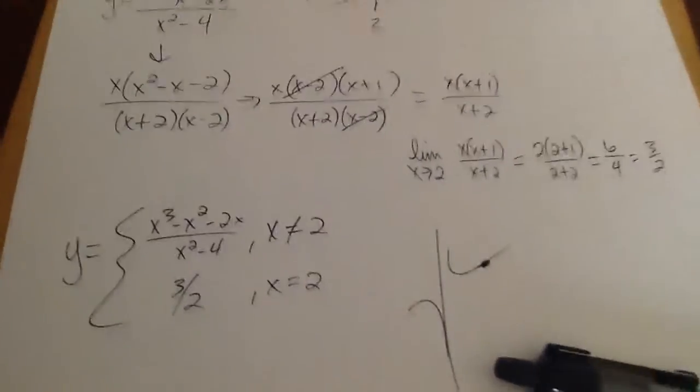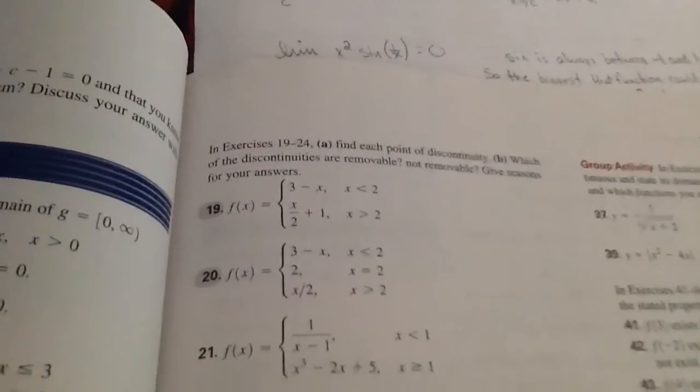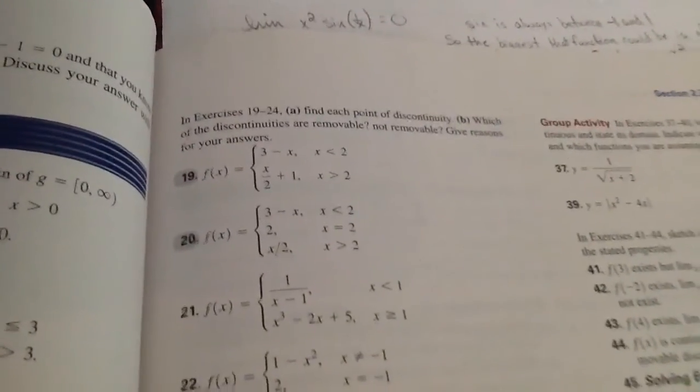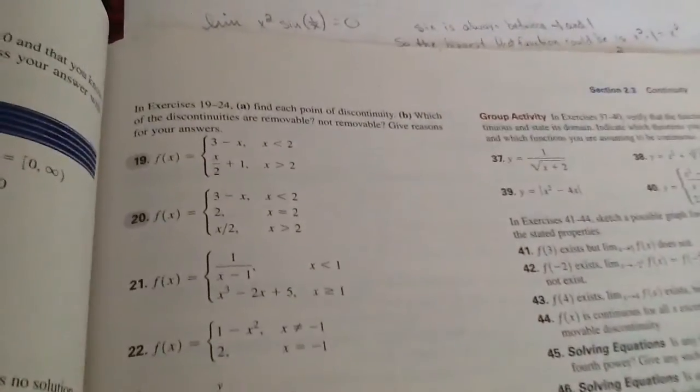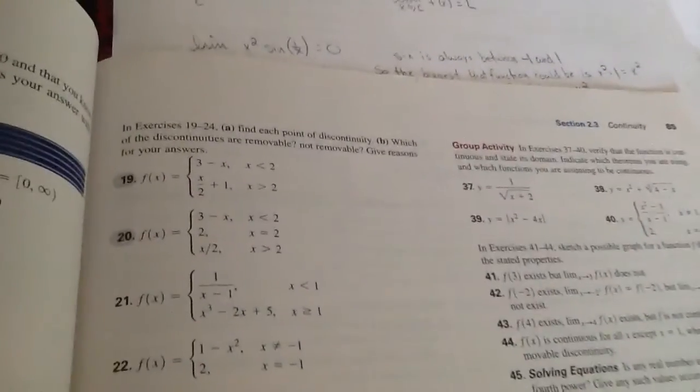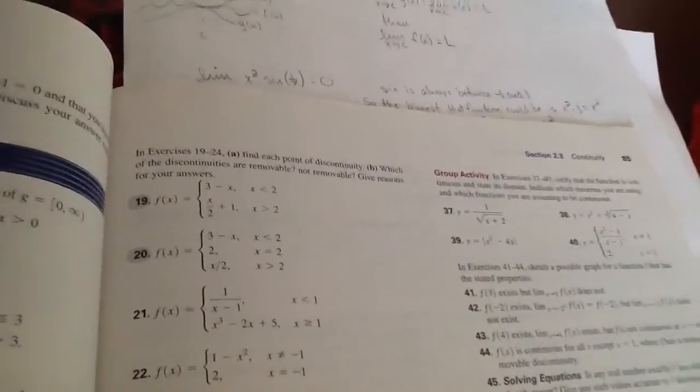Some of your homework's going to ask, like 19, it asks to look for discontinuities and see which ones are removable. But you can just kind of think about it. That one's no calculator. Maybe draw yourself a little sketch of the graph. It doesn't have to be perfect. Figure out if it will have discontinuities. It might not. The whole thing might be continuous.